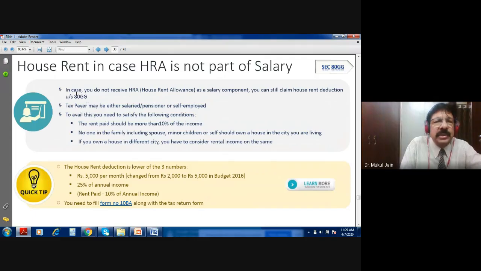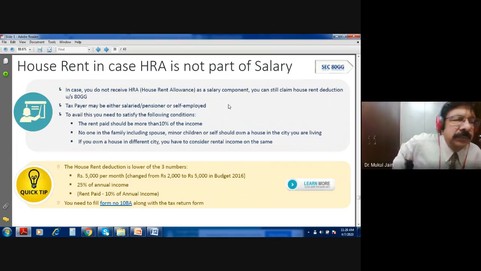80GG over here, you are seeing 80GG is when you are paying house rent in case HRA is not part of the salary. Now, if you remember in the class, we were talking about income, how to compute income from salaries. And we had talked about, if the person is getting HRA, then there is a rule. HRA is always a partially exempted allowance.